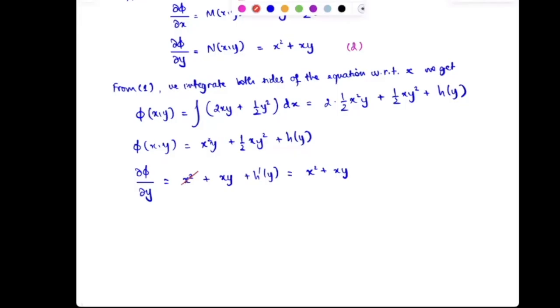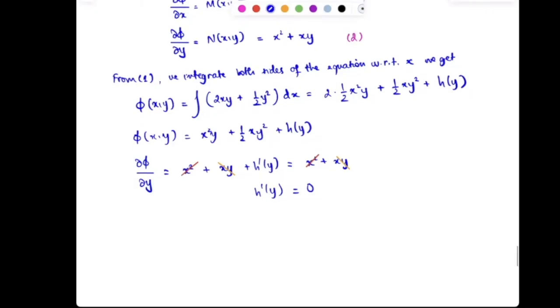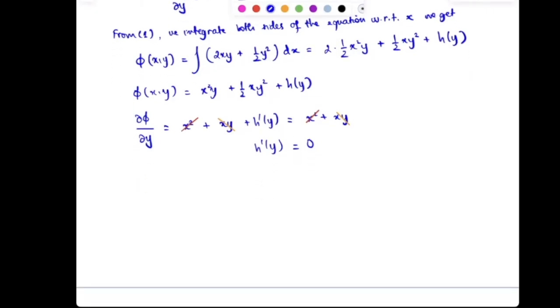Then you simplify, cancel these out, and you're left with h prime of y equal to 0. When you have a derivative equal to 0, the antiderivative is just a constant. So h of y is equal to some constant, let's say constant c1.